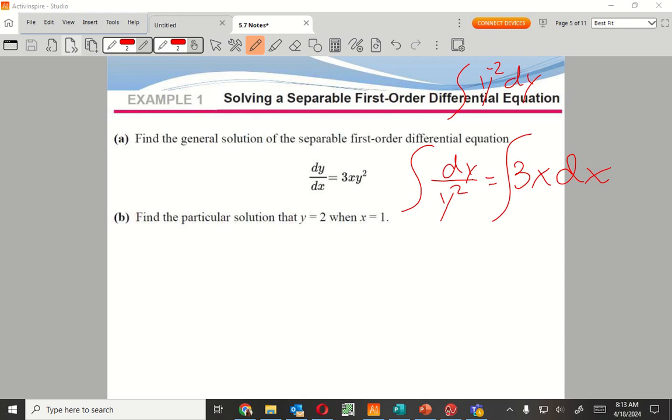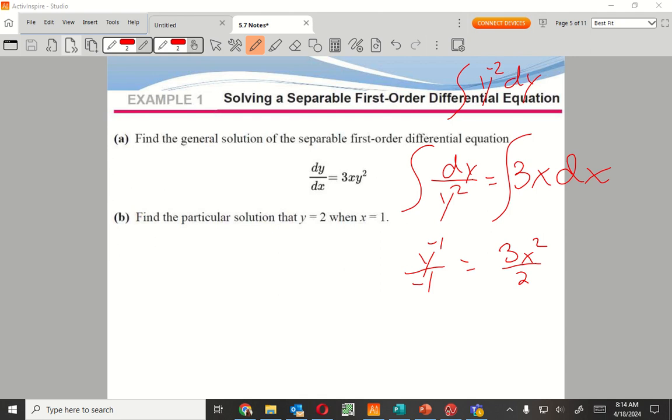So what would I end up with here? Divide by -1, very good. Okay, equals, okay, Alyssa, what do you get on the right-hand side? 3x squared over 2.